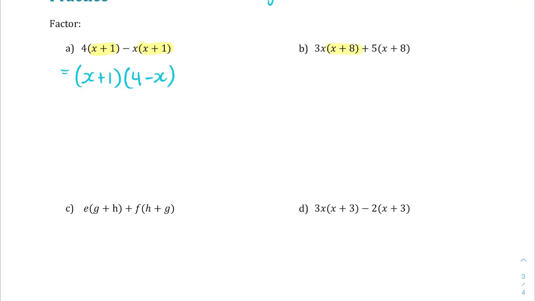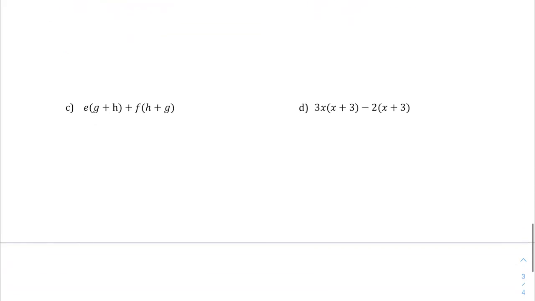For b, again, so here we have the brackets x plus 8 is in common, so you're going to factor that out. And then, what do we need to multiply x plus 8 to give us back our first expression? Well, just 3x. And what do we need to multiply by x plus 8 to give us back our 5(x + 8)? Plus 5.